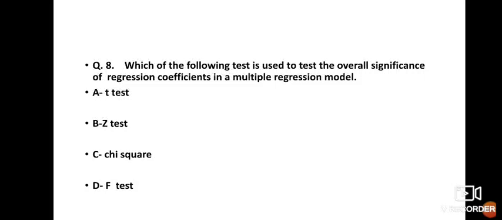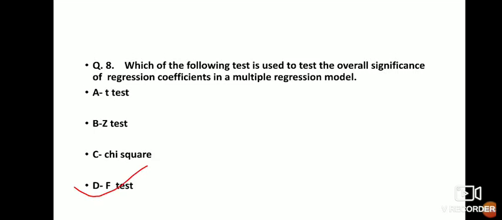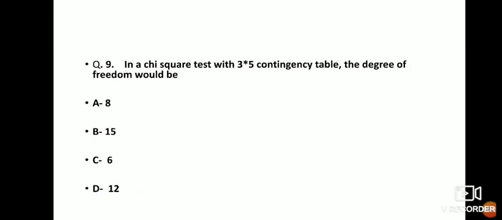Next, which of the following tests is used to test the overall significance of regression coefficients in a multiple regression model? For overall regression coefficients, we use the f-test, and here it is given in option D. The next, in a chi-square test with a 3x5 contingency table, the degrees of freedom would be, and as we know, in the case of a chi-square test with a contingency table, the degrees of freedom is (row minus 1) multiplied by (column minus 1).